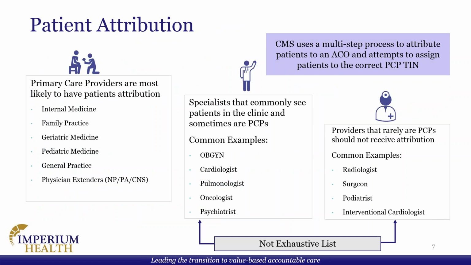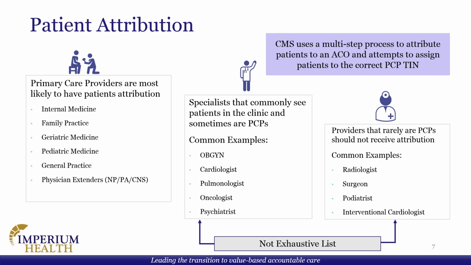So again, when Medicare is assigning those patients to an ACO, they're going to use a multi-step process to try and make sure that every patient is assigned to the right PCP and the right PCP practice. So Medicare will use this kind of drop-down, or almost like a waterfall approach to assigning patients to an ACO. First they want to try and assign a patient to a primary care provider.